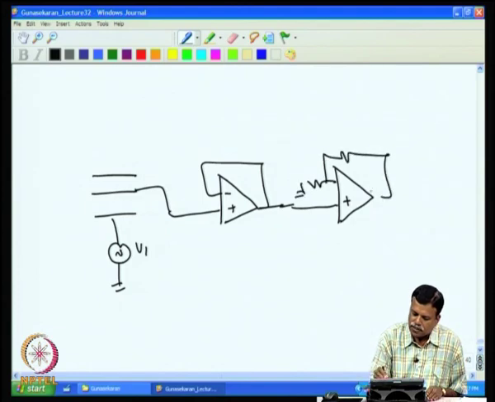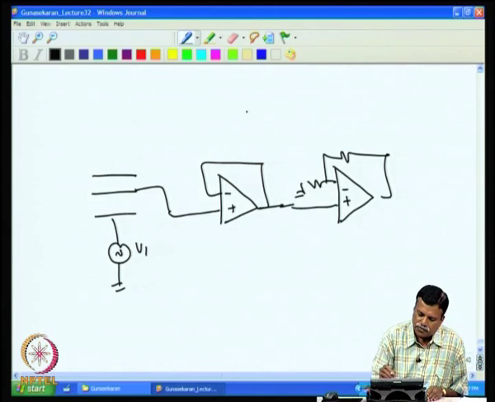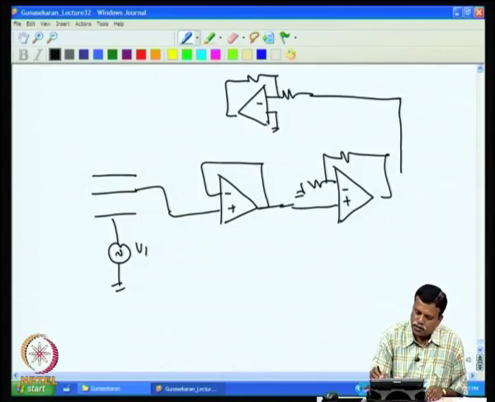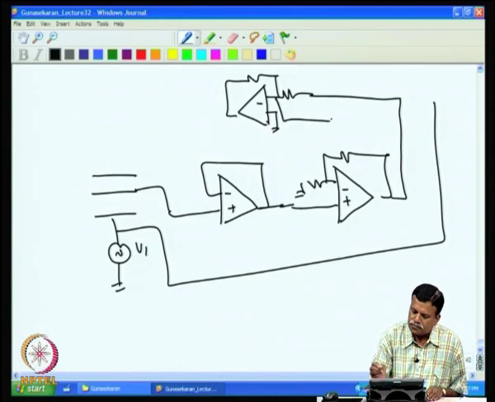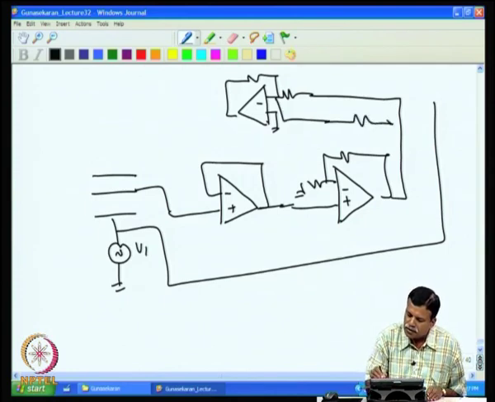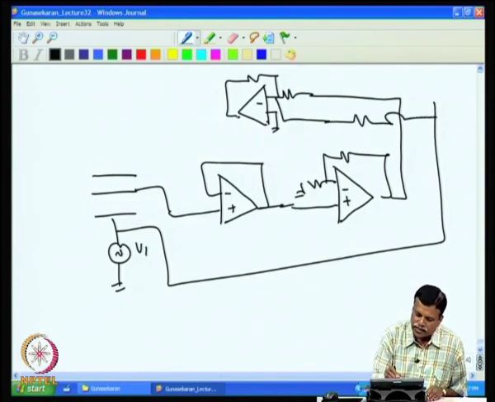This can be amplified, and then the error output can be summed with the feedback.